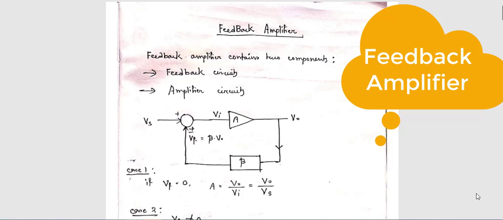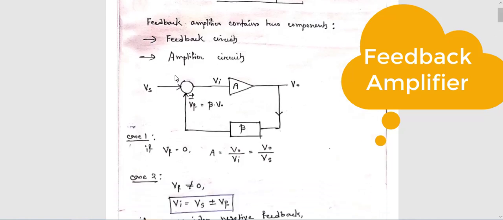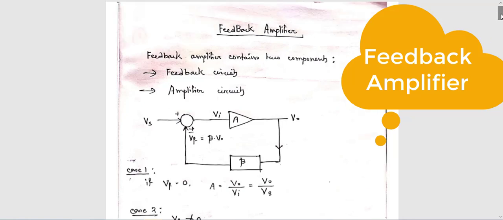Okay. Now come to the point, that is feedback amplifier. Now see, this is the overall block diagram of feedback amplifier. I think all of you know this overall block diagram.